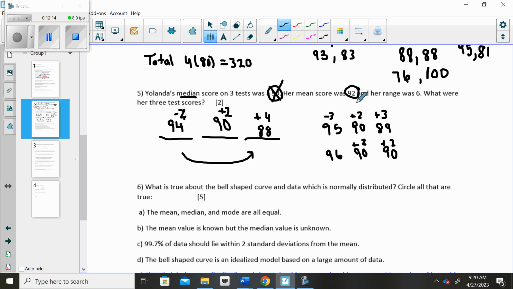And this guy with a 96, they get to give away 4. And that's when if these numbers, what I get to give away and what I need, add up to 0, then I know I've got my average. Okay, so this would be the correct scores. Okay, so that just took a little bit of trial and error.